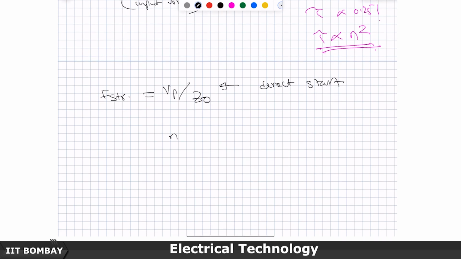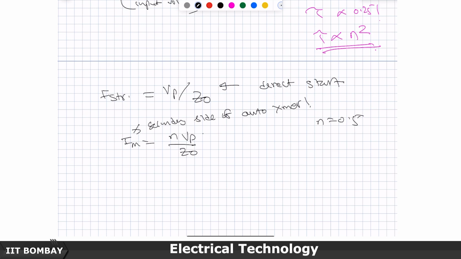But when I use an auto transformer, say n is 0.5, the secondary voltage is 50% only. Then what happens to the motor current? It becomes n Vp by Z naught. This is on the secondary side of the auto transformer, not of the induction motor.